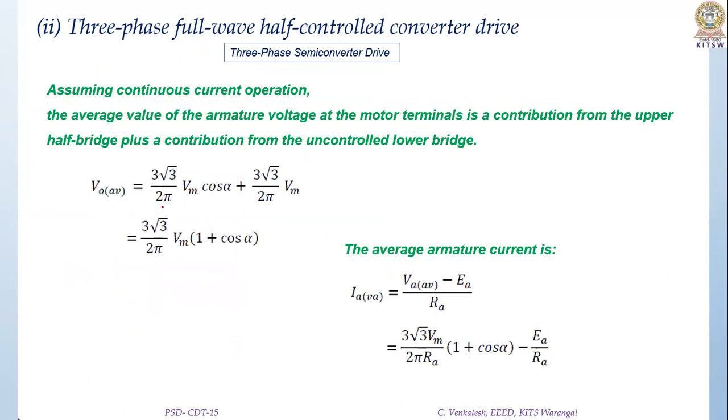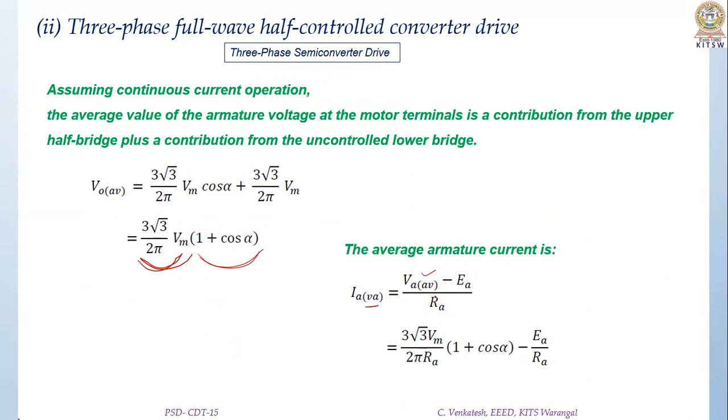In that case, the average output voltage equation becomes V naught average is 3 root 3 Vm by 2 pi into 1 plus cos alpha. The average current IA average is equal to VA average minus EA divided by RA, where EA is the back EMF.